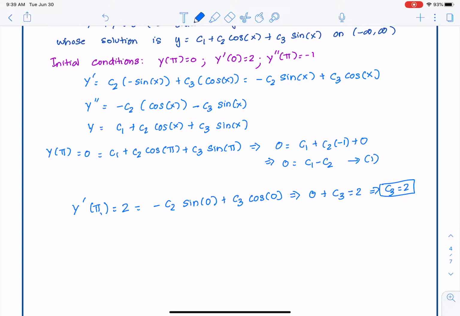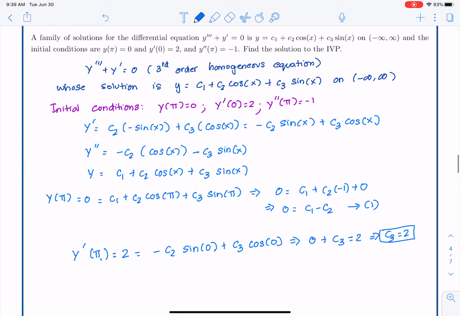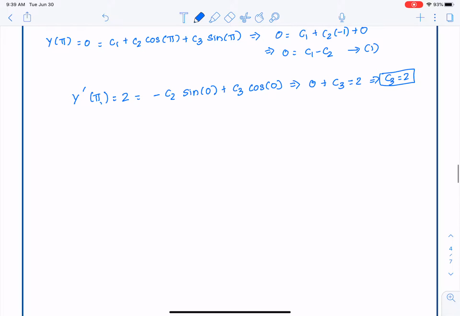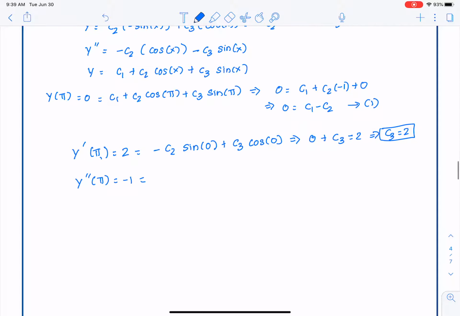So c3 is 2. And lastly, we go on to y double prime of pi, which is -1. Plugging it in the second derivative, we have negative c2 cosine of pi minus c3 sine of pi. Sine of pi is 0, cosine of pi is -1, so negative c2 times -1 plus 0 is -1, which would imply c2 is -1.